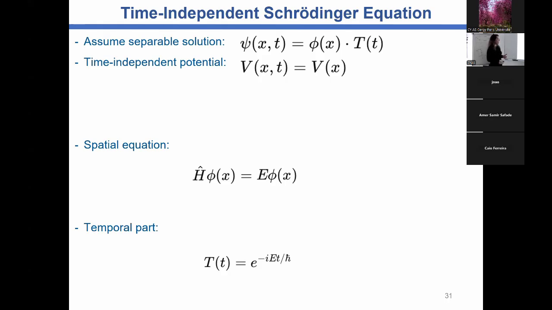So here we usually use it to describe stationary orbitals, for example, and transitions, where we don't have any time dependent evolution.